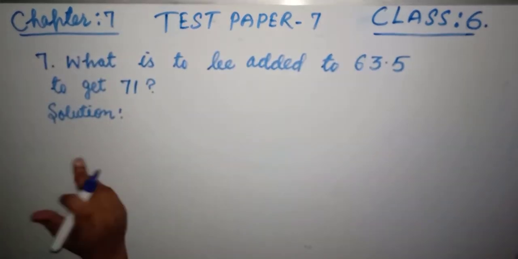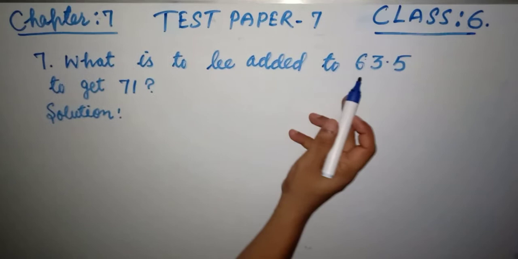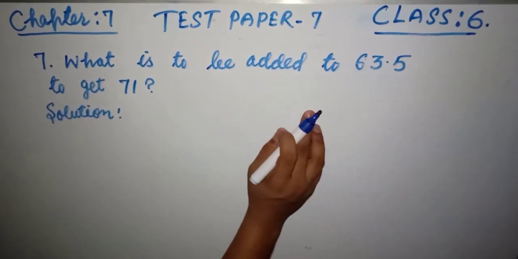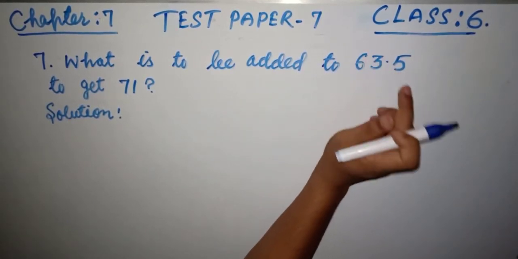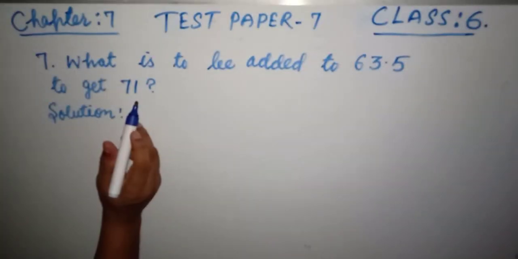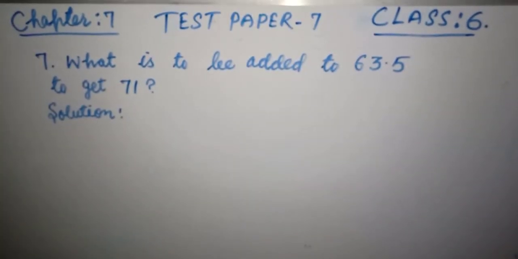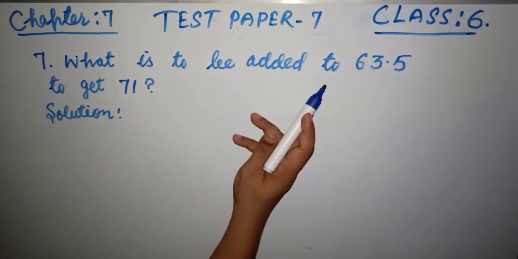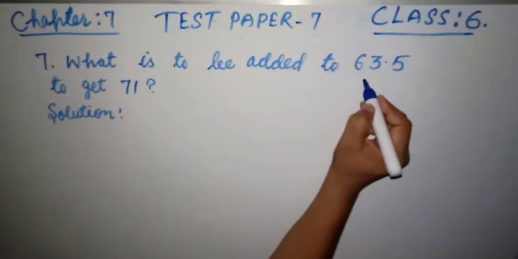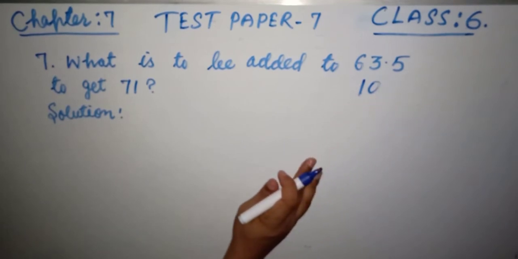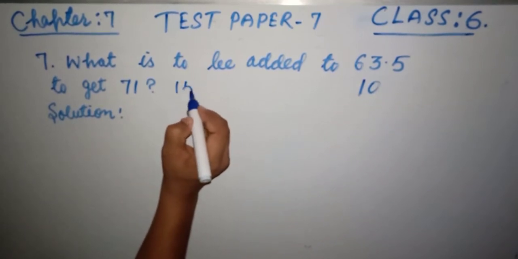Now see friends, question number 7 says what is to be added to 63.5 to get 71. Very simple friends. If we change the question as what is to be added to 10 instead of 63.5 to get 15, friends.